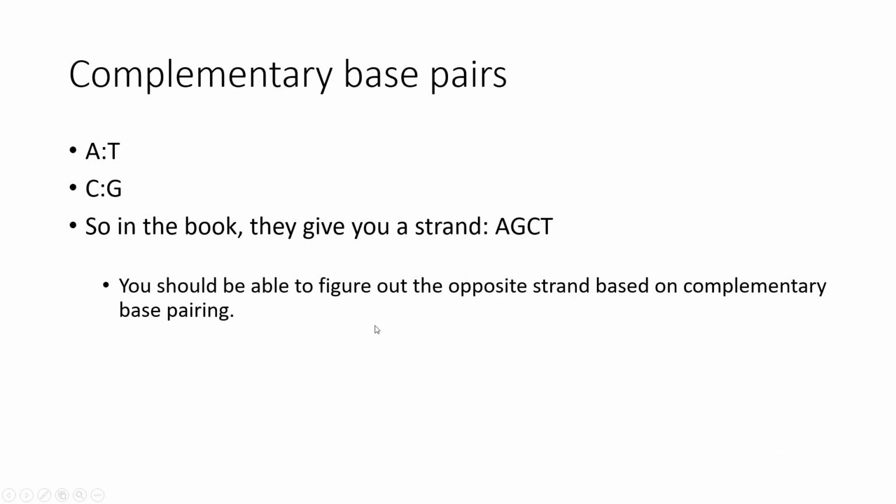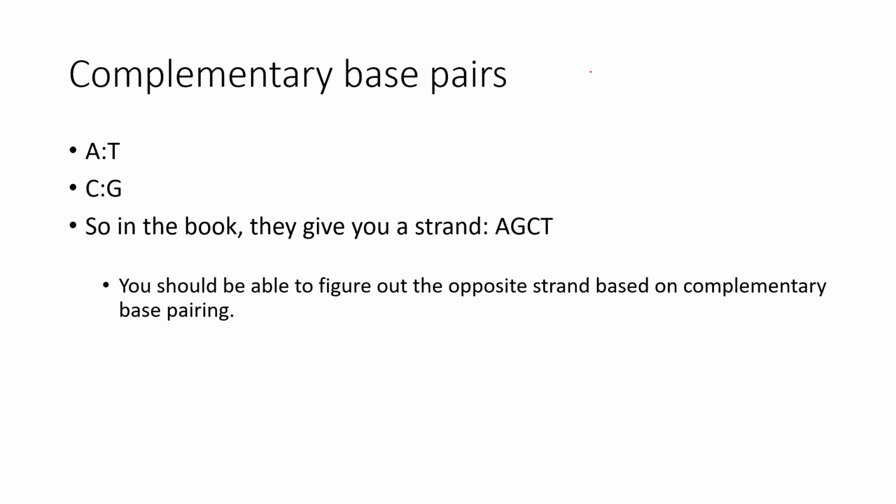Now, I mentioned the complementary base pairs a second ago, but you want to make sure that you understand it. So again, A to T, C to G, that's how complementary base pairing works. In the lab manual, for which I finally have new PDFs, the page numbers aren't set just yet as I'm making this PowerPoint, but towards the middle of it, they give you a strand of DNA, A, G, C, T, and what they want you to do is write down the complementary bases on the opposing strand.